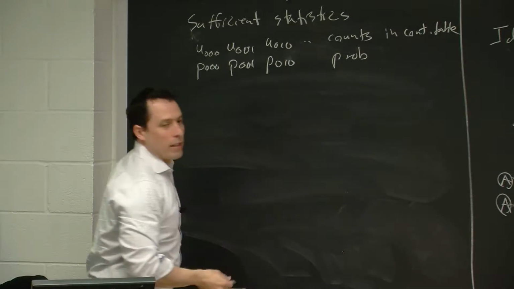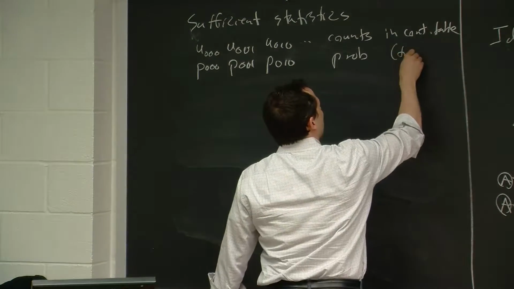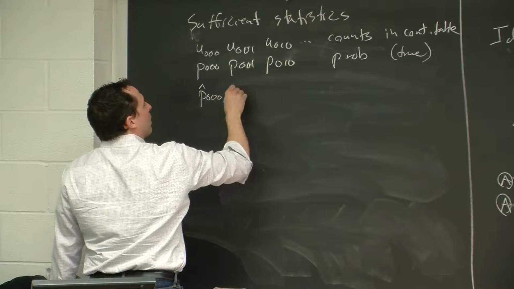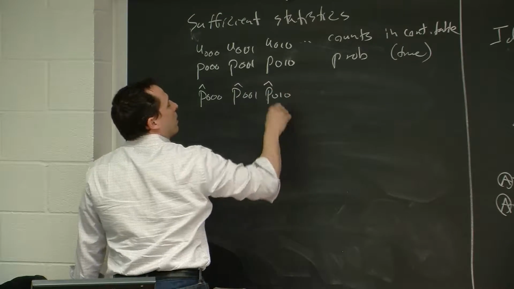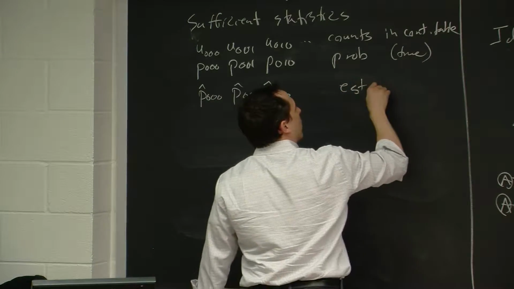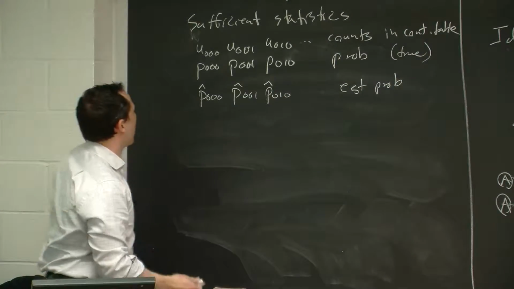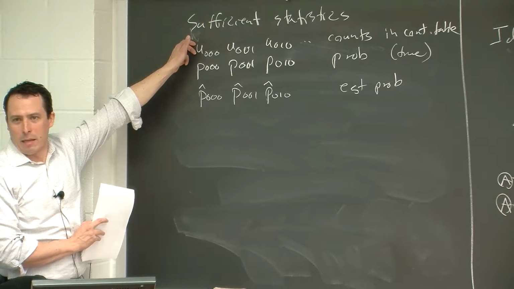There's maybe some true probabilities that come from the model. There are estimated probabilities, this is the truth, this is the estimated probabilities after we fit the MLE, and there's also the empirical probabilities, which is just the counts divided by the sample size.